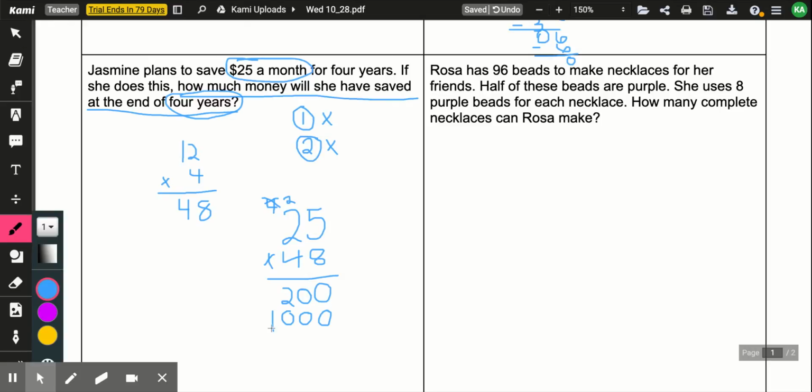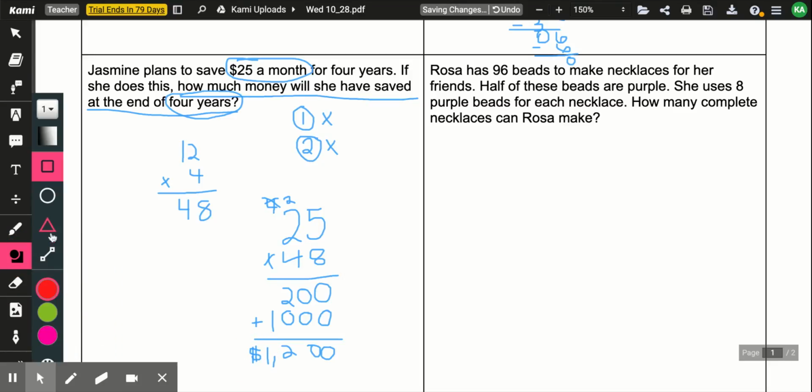So now that I have these two numbers, I want to add them. And I get 1,200. And that would be dollars. Now let's do area model to show another way.